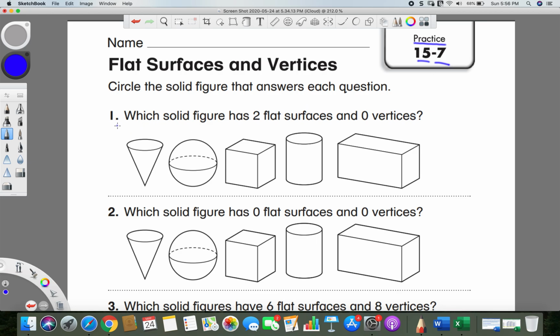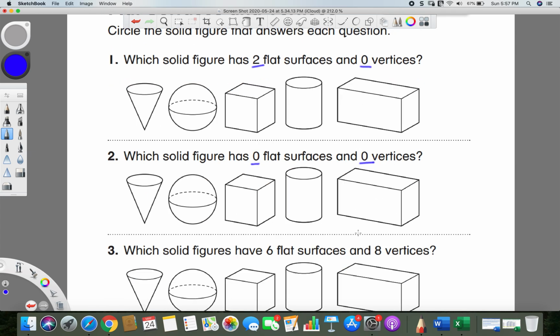Number 1, let's read it together. Which solid figure has 2 flat surfaces and 0 vertices? You're just circling the shape that only has 2 flat surfaces and no corners, okay? Number 2 says, which solid figure has 0 flat surfaces and 0 vertices? That's a very special shape.